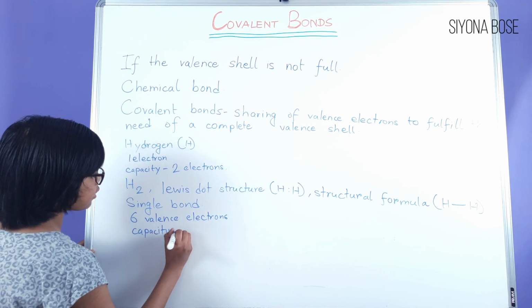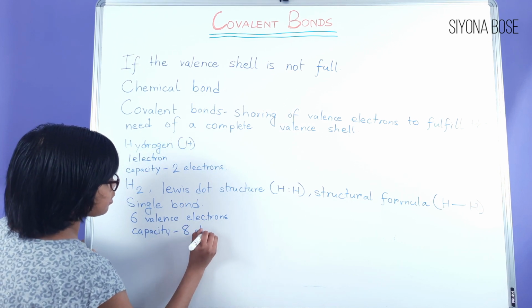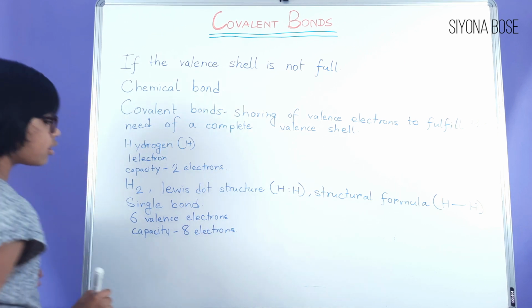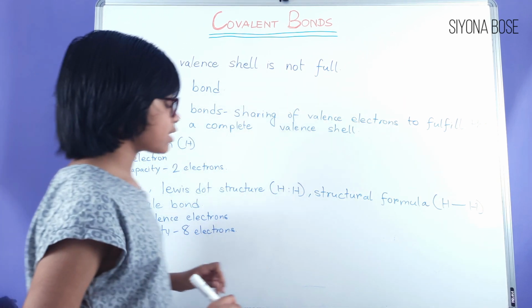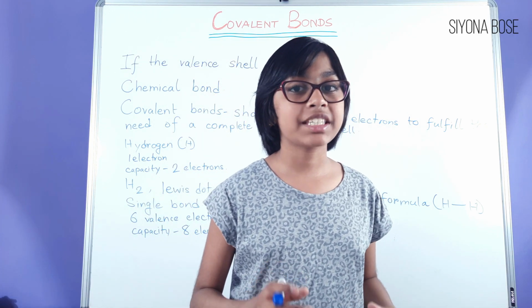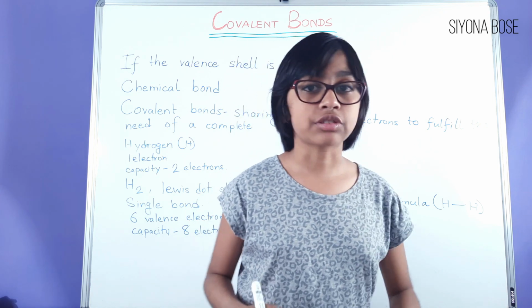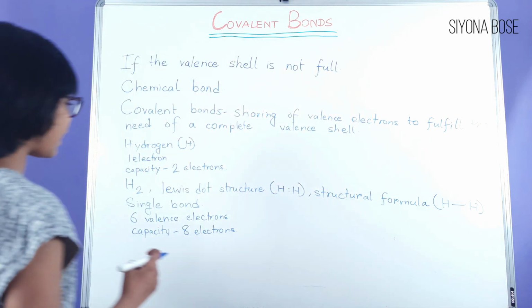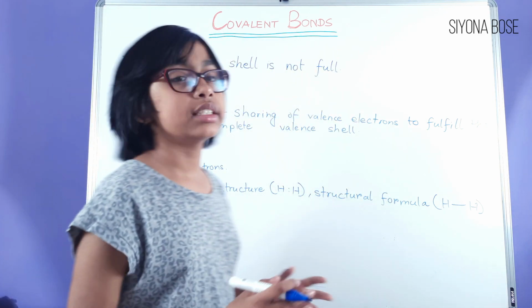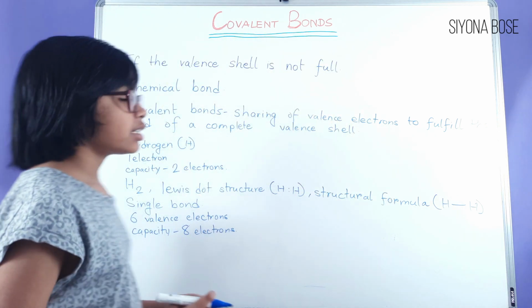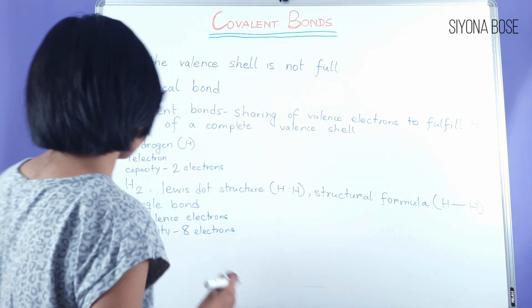Here, we need two pairs of valence electrons to fulfill the need of 8 electrons in both of the atoms' valence shells. So here we have a double bond.